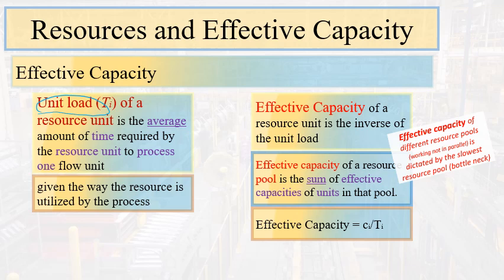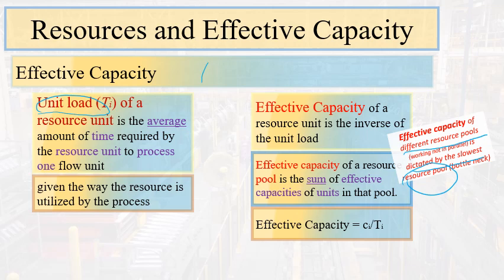Now, the effective capacity of different resource pools is always dictated by the slowest resource pool, which is the bottleneck. So the bottleneck will always dictate the effective capacity of the whole system.